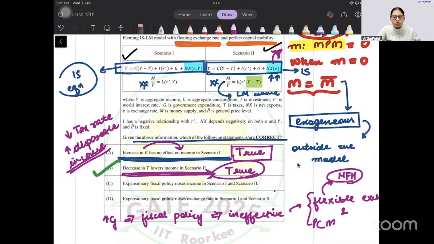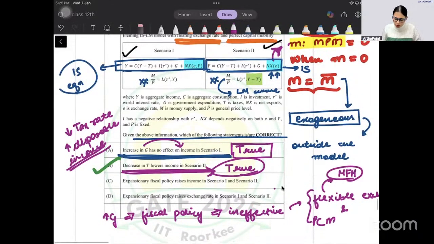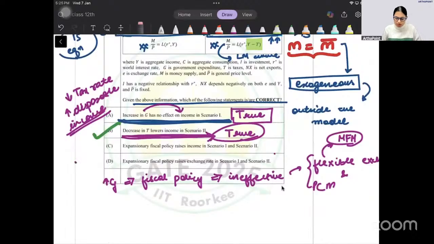C is false. Sorry, did I miss something here? Income will increase. That's right. So what did I write? Okay, sorry. That's right. This should be false actually.